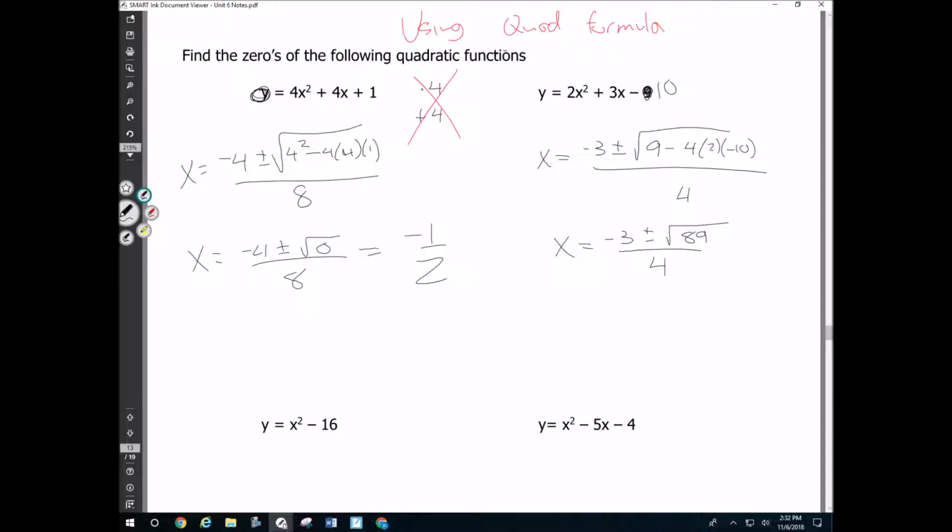Come on, keep going. I want you to use your calculator and actually find these values.